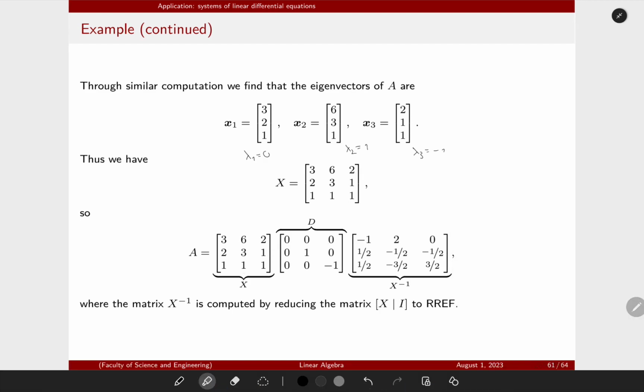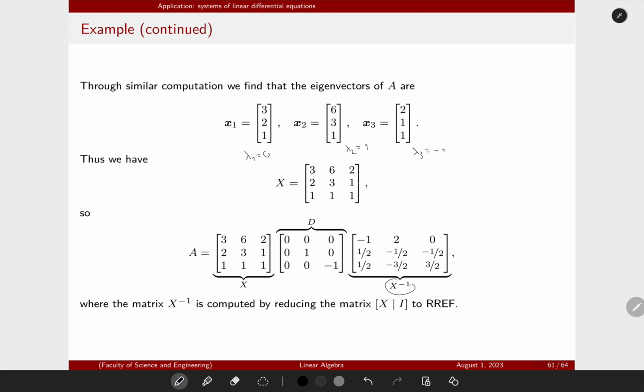Does that make sense? Let me say it again. So the first column of X should correspond to the right eigenvalue, which is the first eigenvalue of D. So the eigenvalue corresponding to this eigenvector should go in the first spot, this one should go in the second one, this should go in the third, and so on. If you do not do this, then your decomposition will not work.